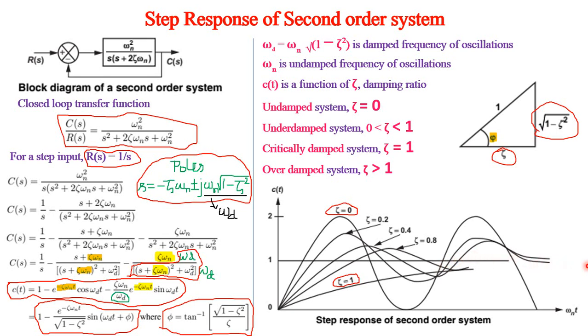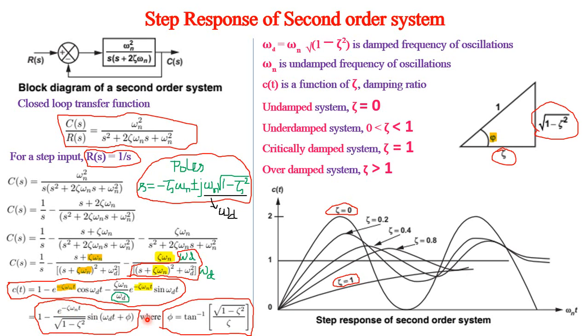So the oscillations progressively decrease with respect to time, because a normal sine term would simply keep going like this, like an undamped system. But this is multiplied by e power minus zeta omega n t, which decreases with respect to time. We have already seen this type of term in the first order system, e power minus t by T. In the same way, this will provide an exponential decay but multiplied by a sine term.